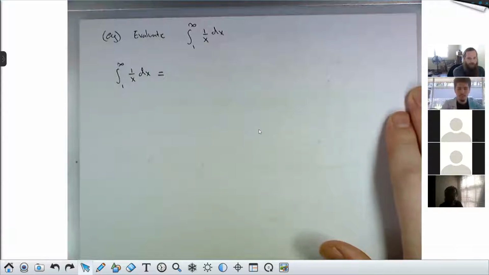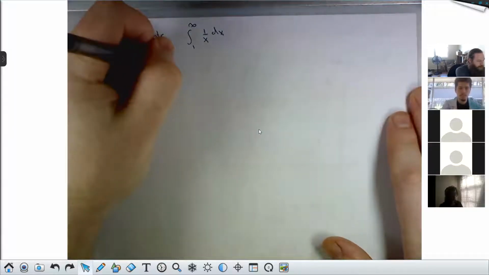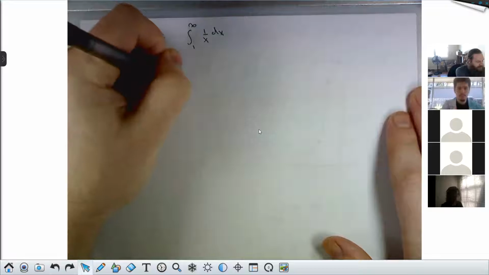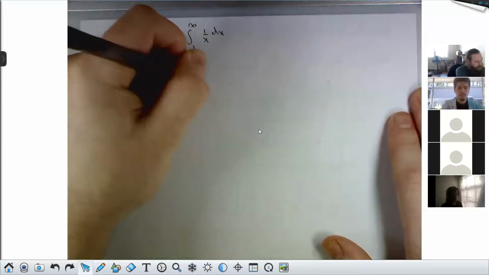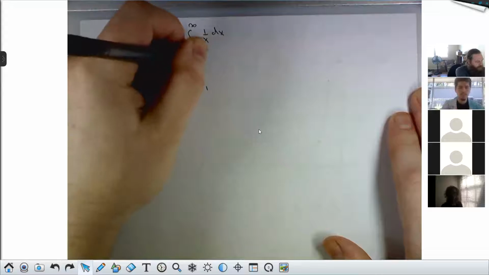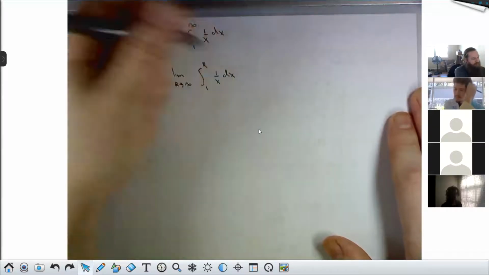Just like with the last guy, the trick here is to find a formula for the integral from 1 to r and then send r to infinity. So we rewrite this as the limit as r goes to infinity of the integral from 1 to r of 1 over x dx.